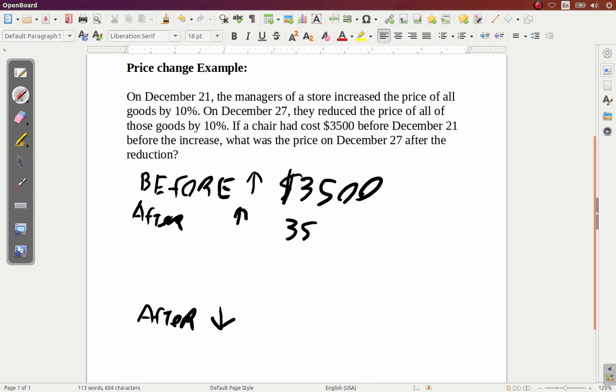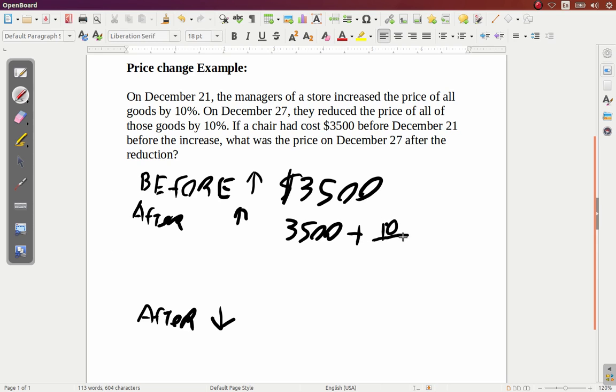You have 3,500 plus the increase in price. The additional amount of money that the customer will have to spend is 10%. 10% of what? It's 10% of what it had cost before.